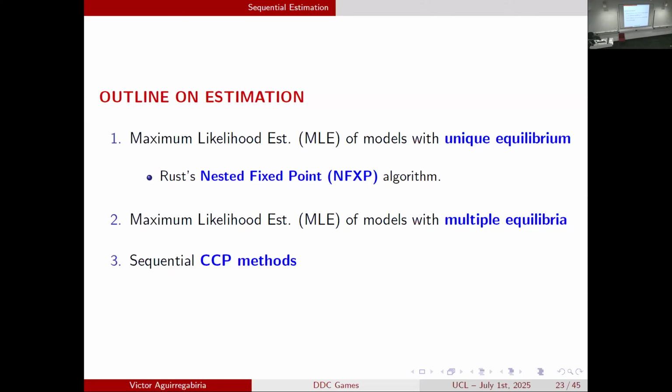Let me distinguish two different problems: the problem of multiplicity of equilibria, and, even if we have a single equilibrium, the problem of having to repeatedly compute an equilibrium. To distinguish between these two different computational challenges, let me start with dynamic games that, for every value of the structural parameter theta, have a unique equilibrium.